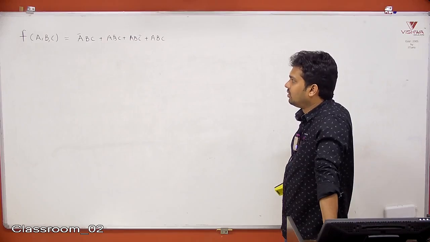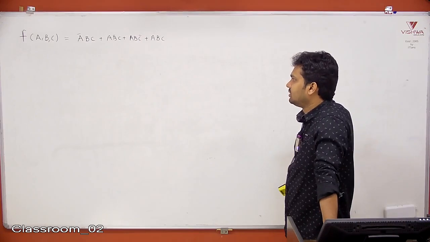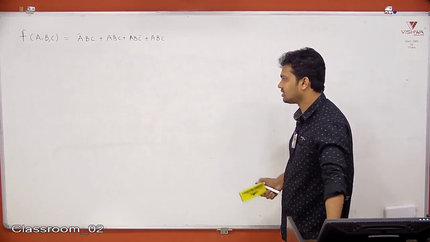F of ABC equal to A bar BC plus AB bar C plus ABC bar plus ABC. Okay, let us try to minimize this function.